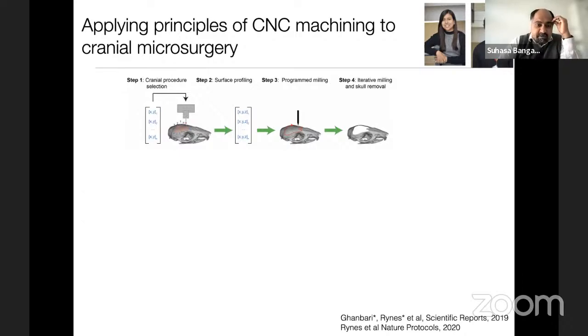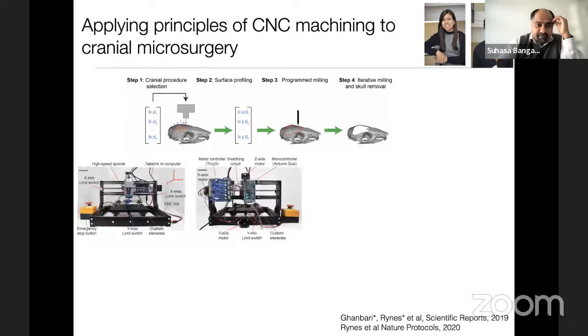And through this, we adapted what is essentially a hobby CNC machine that's used by woodworking hobbyists. It has an XYZ stage with a spindle that can be programmed with micrometer scale precision to follow specific trajectories. Now, the question is, how do we get these trajectories?